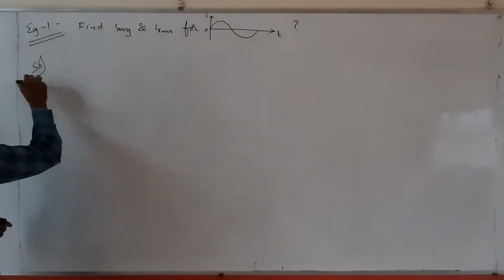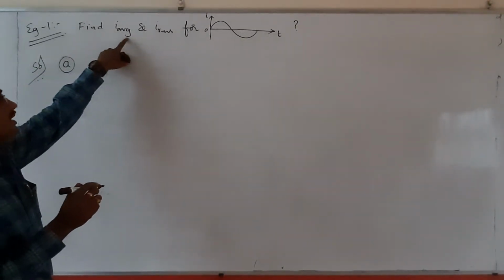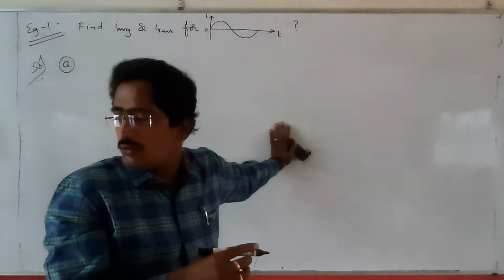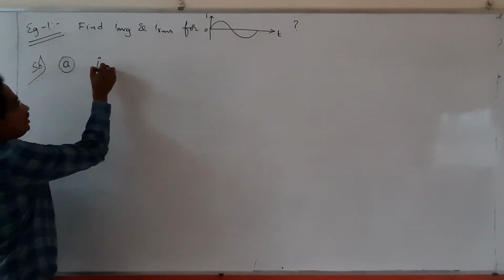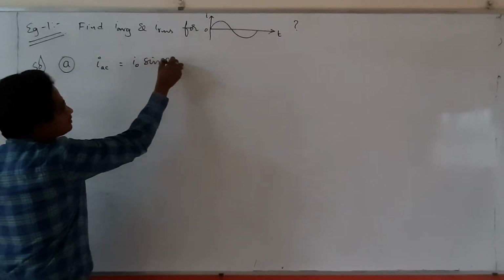See solution. First A, I want to get I average first. Before that, I want to write down its equation. What's the equation of IAC here? IAC equal to I naught sin omega t.